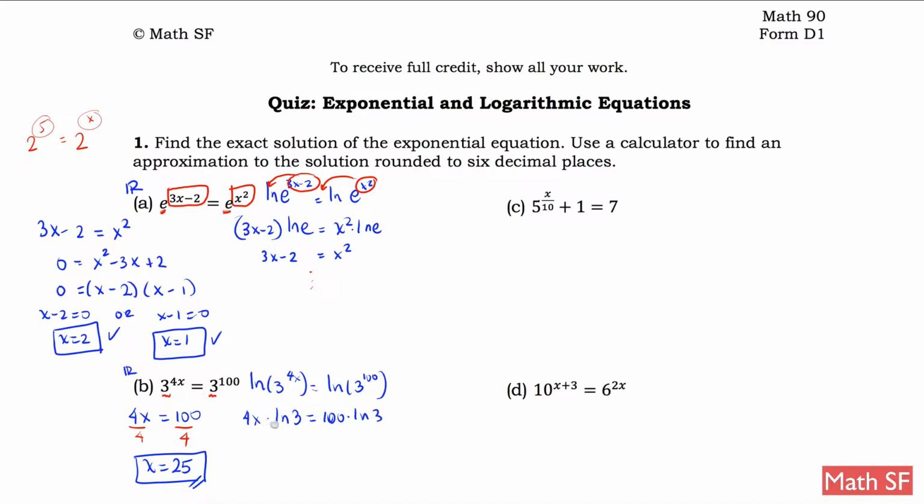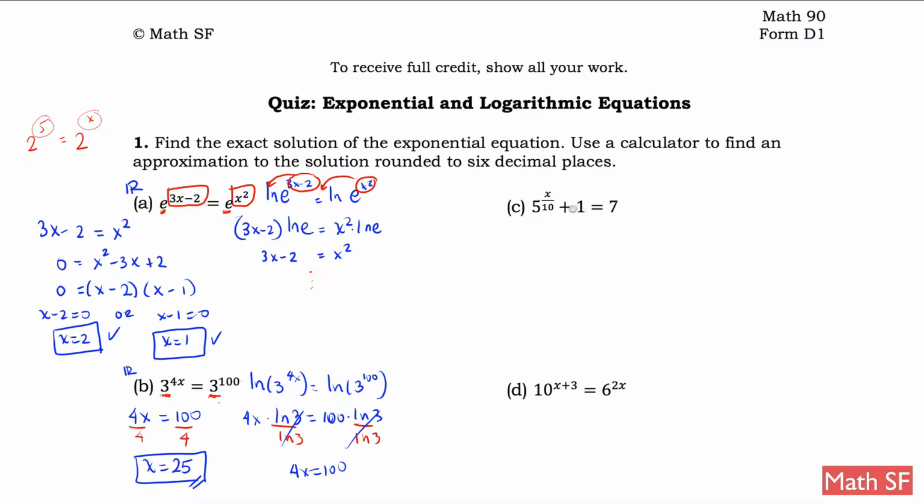And then eventually, if you divide by ln of 3, these are going to be gone. And you have 4x equals 100 and that will get you the same answer. So notice that if you have the same base here, identical, right away like this, then the powers should be identical, the same.